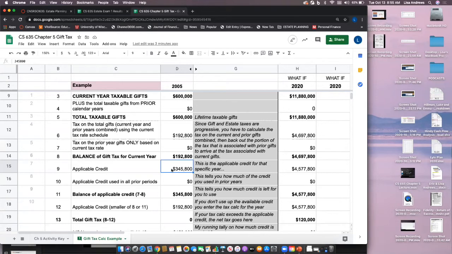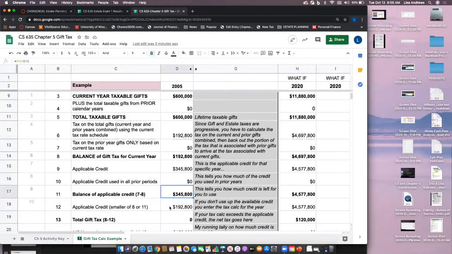So that's the tax that would have been owed on a $1 million gift, except in 2005, you could have up to $1 million in taxable gifts before a tax would be due. And the tax that would be due on a $1 million gift would be $345,800. But since that is the exemption amount, this is the applicable credit. And you haven't used up any of this credit in previous years because this is your first year of making a taxable gift.